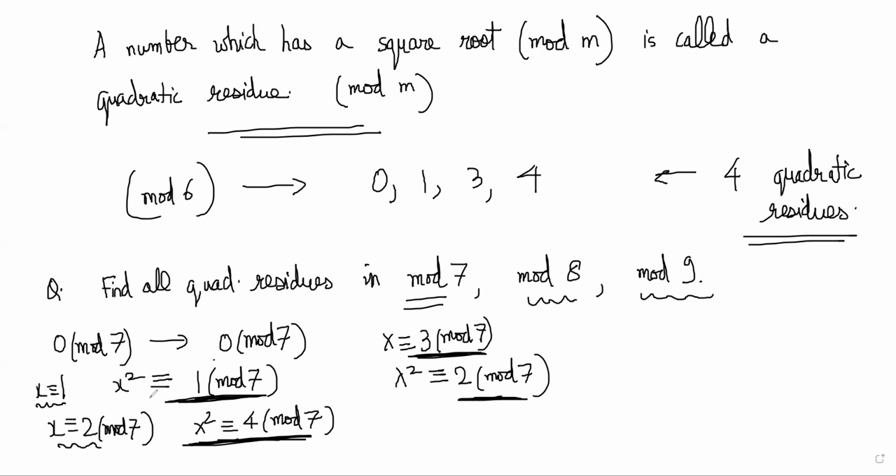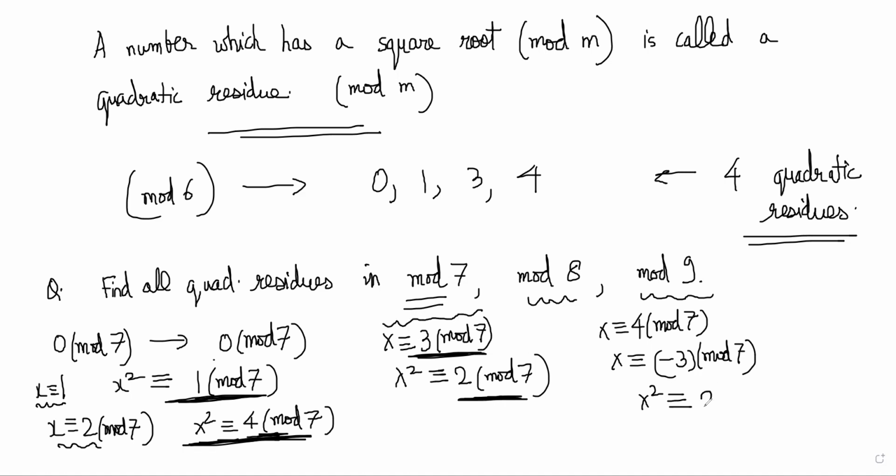That time x square came out to be 1 mod 7, 4 mod 7, and 2 mod 7, right? Now, if x becomes 4 mod 7, obviously, you should realize that x is equal to minus 3 mod 7. So x square will be the same thing as minus 3 square mod 7, which is the same thing that we got here for 3 mod 7. So the residue here will again be 2 mod 7 for x square, right?